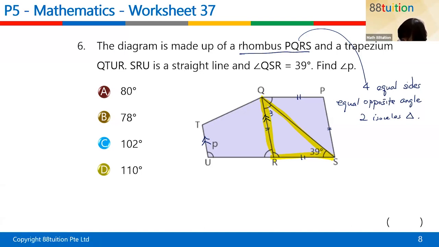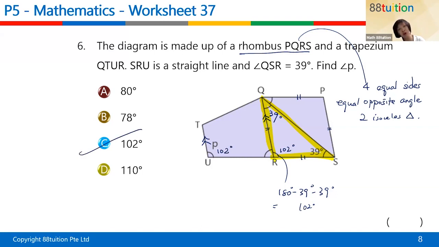When this is 39, here must also be 39 degrees. So you can now find the third angle, 180 minus 39 minus 39. 102 degrees. So when this is 102 degrees, you can find angle P already because this is also 102 degrees.